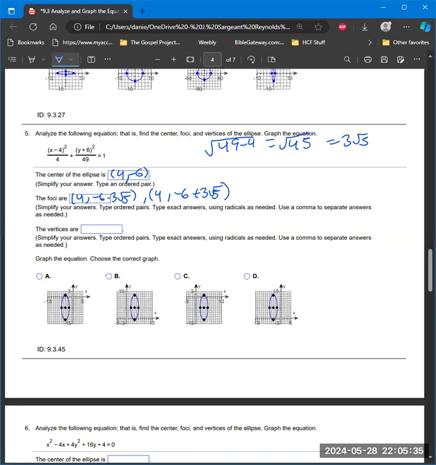And then the vertices are 7 away from this in the y direction. So 4, -13, and then 4, 1. And so let's see which one has the center at 4, -6. That would be C. All the other ones are in the wrong quadrant.